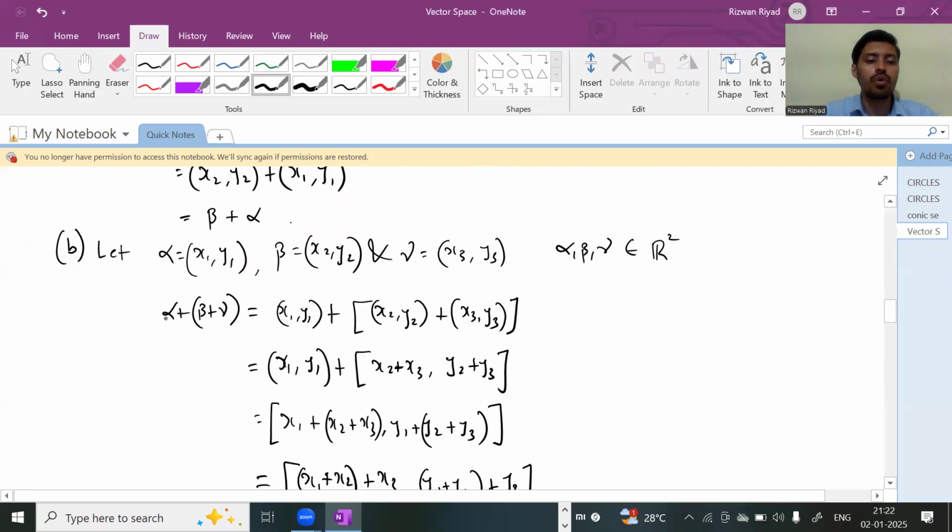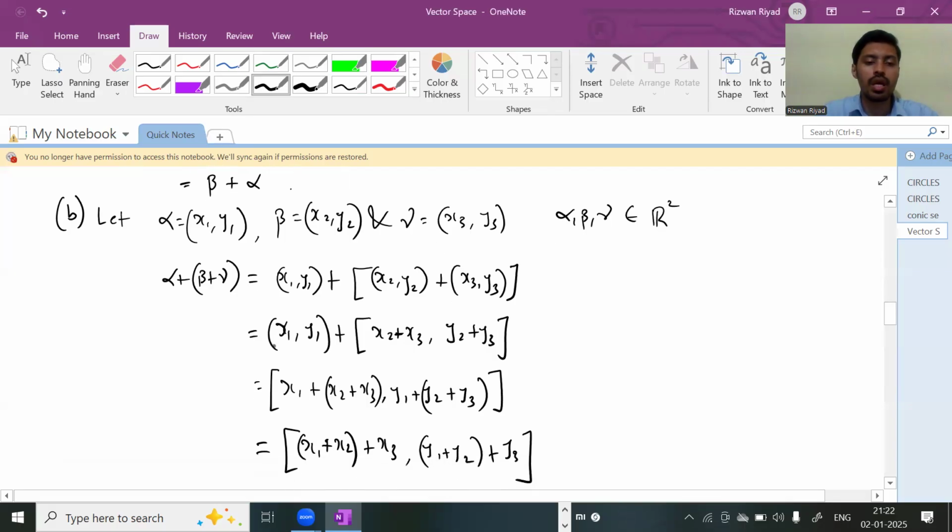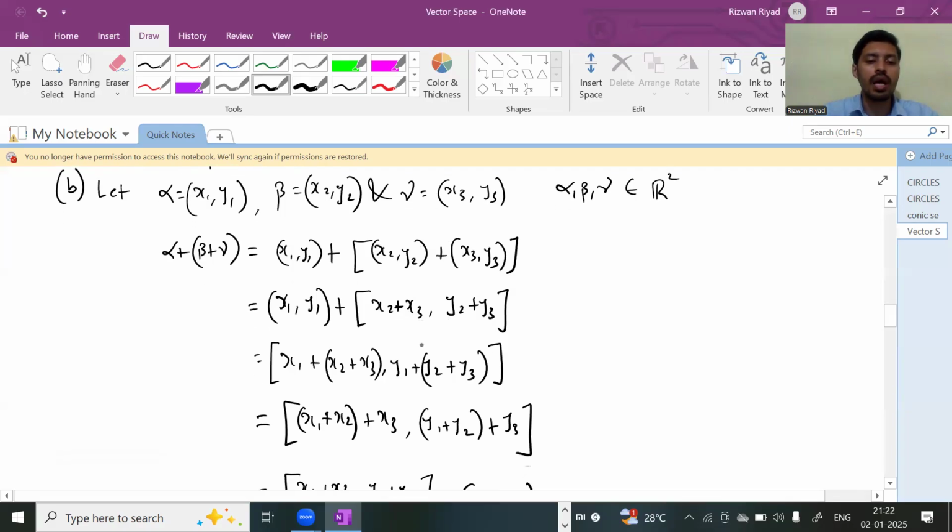See what is alpha plus (beta plus gamma). Alpha can be written as (x1, y1) plus, inside the bracket, beta plus gamma. Beta is (x2, y2) and gamma is (x3, y3). That means (x1, y1) plus, adding this, (x2 + x3, y2 + y3).